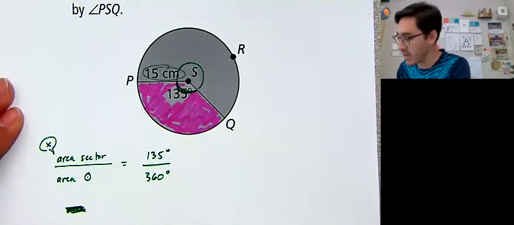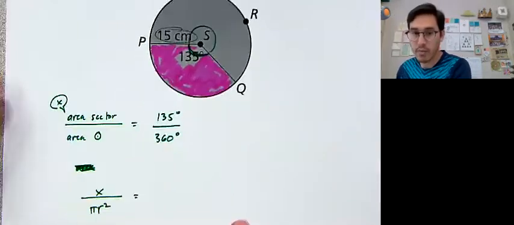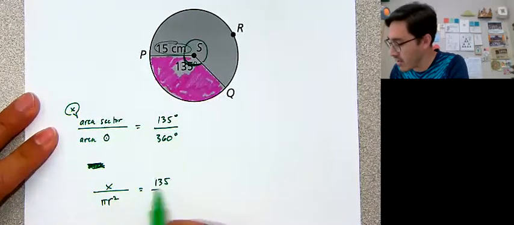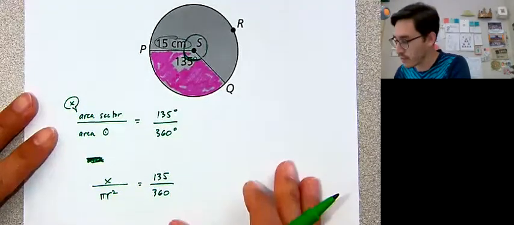Okay, so the area of the sector, x, is a portion of the entire area of the circle, and that's pi r squared. And then that is proportional to the central angles, 135 and 360. Okay, I'm not writing the degree symbol anymore.